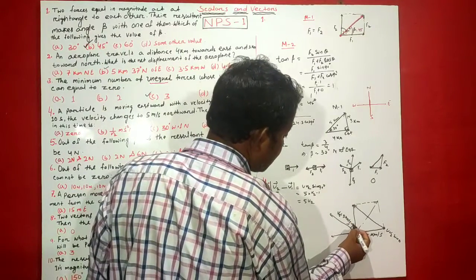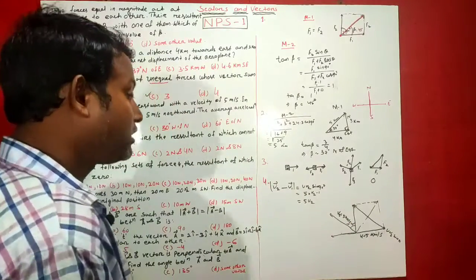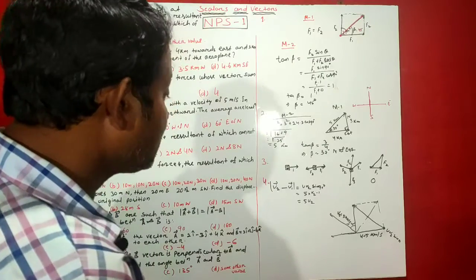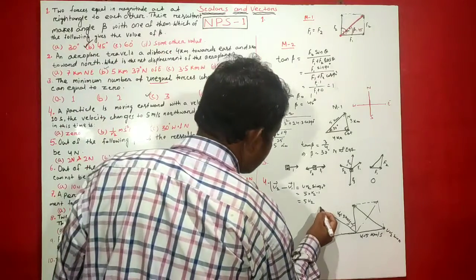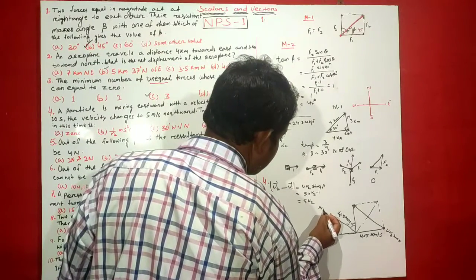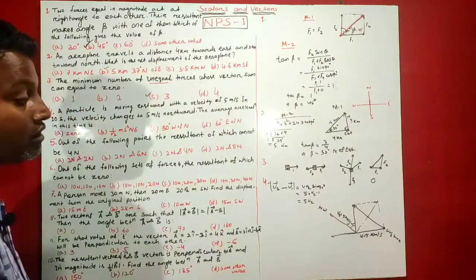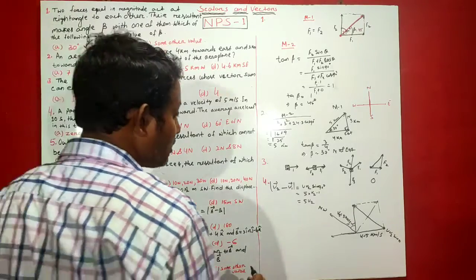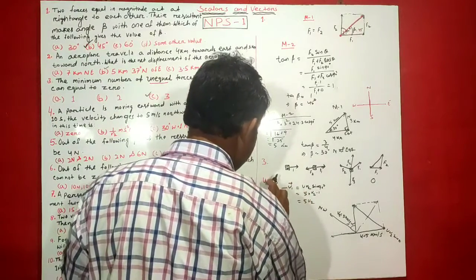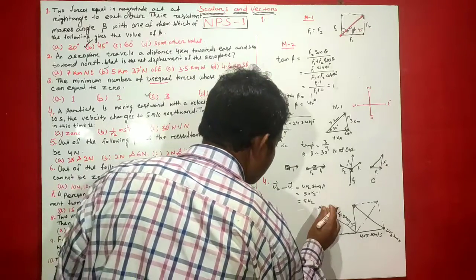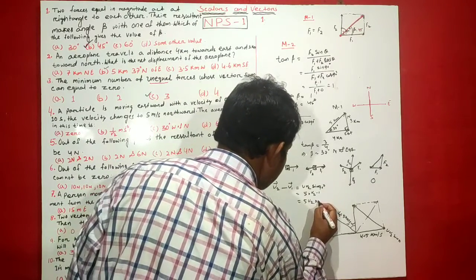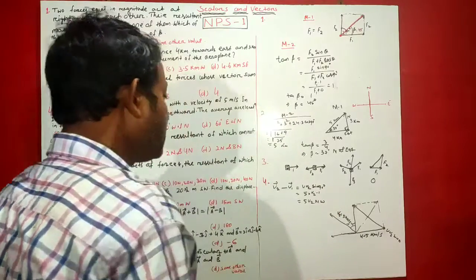So it is 45 degree. This will be north west direction. So guys, you can remove this absolute sign. So right here, north west direction.